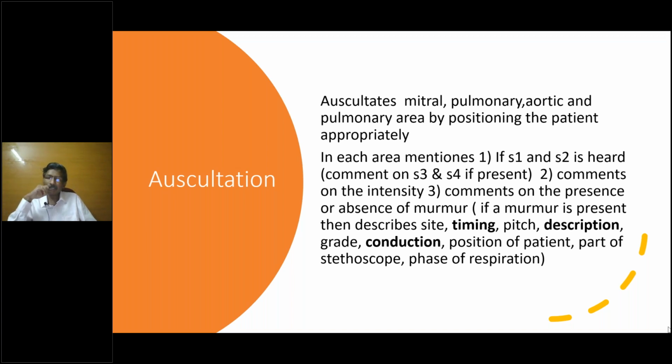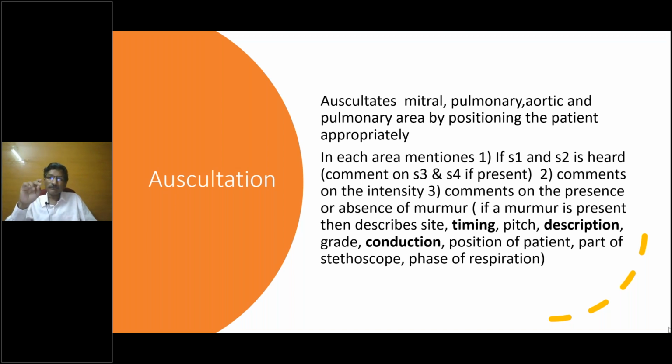Now, based on that particular theorem, and specifically in aortic stenosis, the murmur of aortic stenosis can be conducted to the apex. So if I start from the apex, I may confuse that the murmur is originating at the apex, and I may feel that two murmurs are heard, one at the mitral area, one at the aortic area.